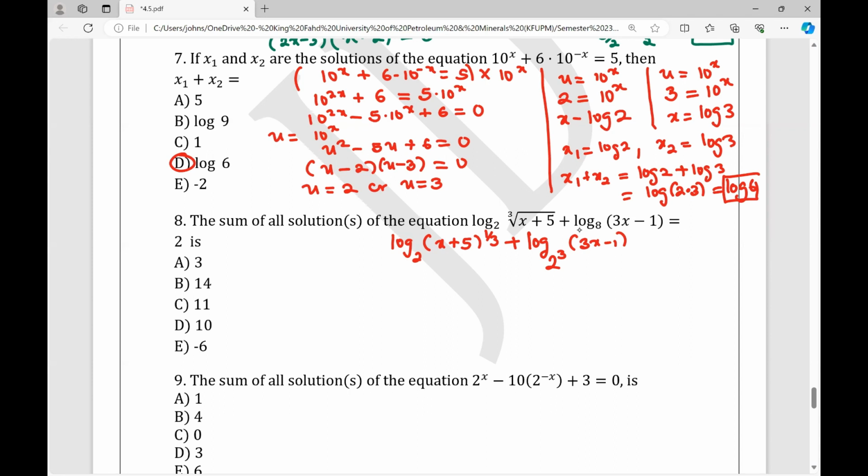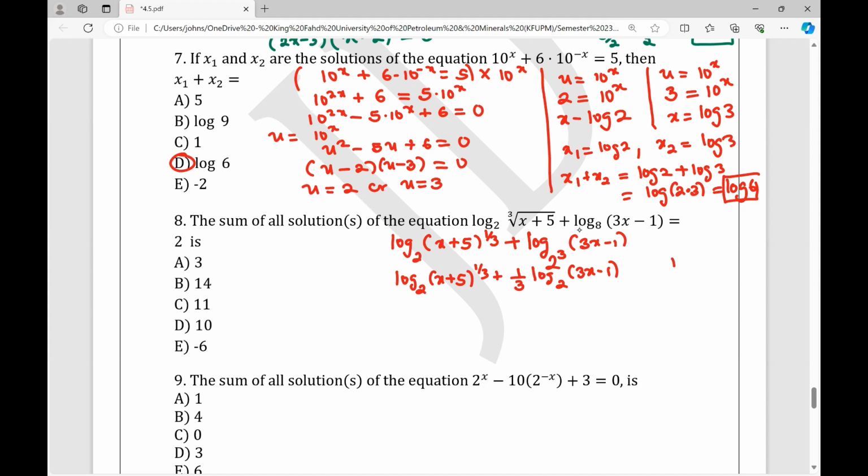Now this k can go up, this k can go down here, so that this becomes log to base 2 of x plus 5 to power 1 over 3, plus 1 over 3 log of 2, 3x minus 1.